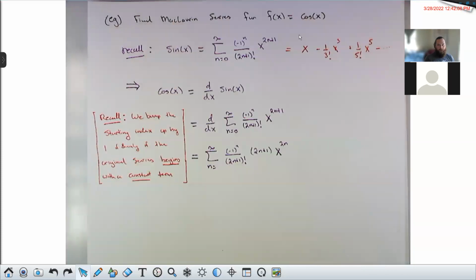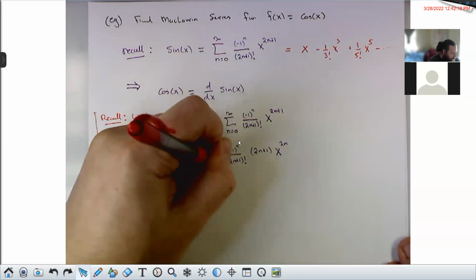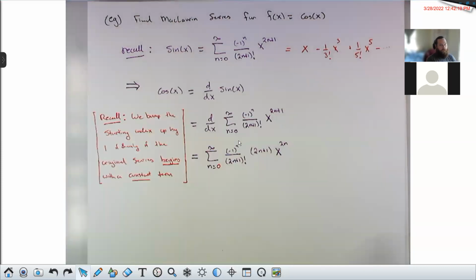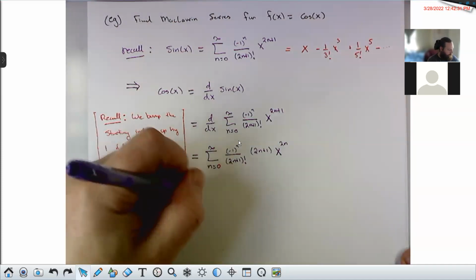So does this series begin with a constant term? No. The starting term here is an x. So I do not bump up this starting index. Stays n equals 0. The other thing we can do here is simplify the 2n plus 1 factorial with the 2n plus 1 here.